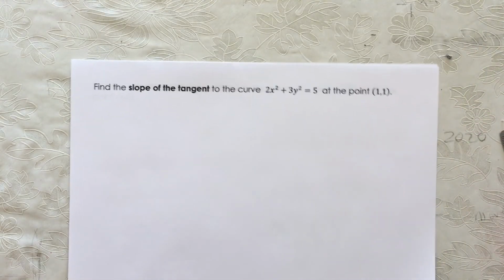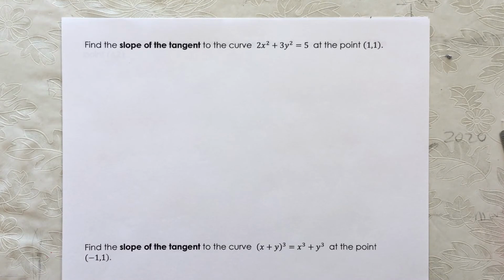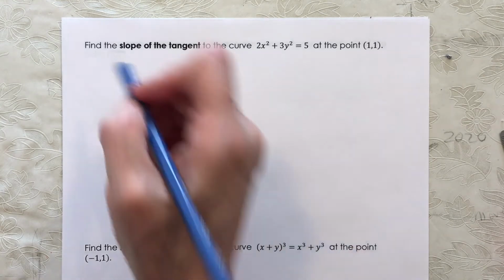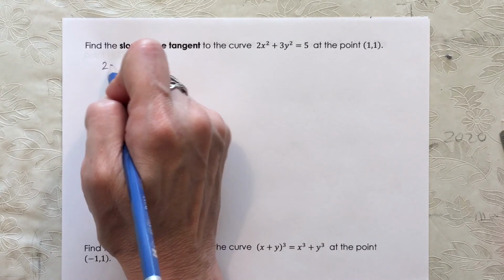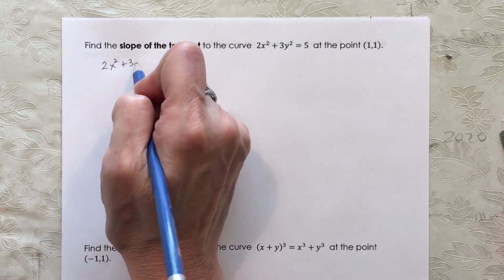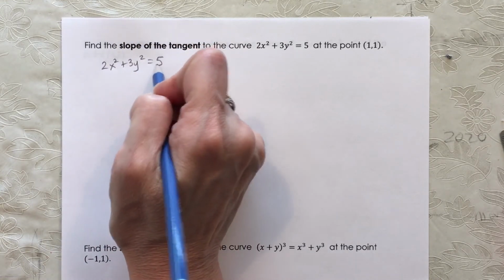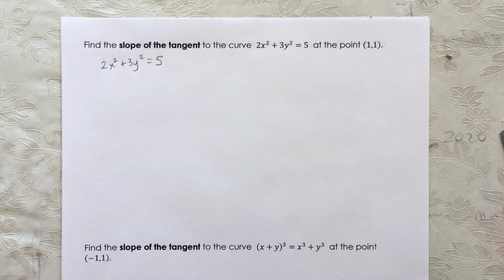Okay, so find the slope of the tangent to the curve 2x squared plus 3y squared equals 5 at the point 1, 1. So first, we would need to find dy by dx, and then find dy by dx at the point 1, 1.